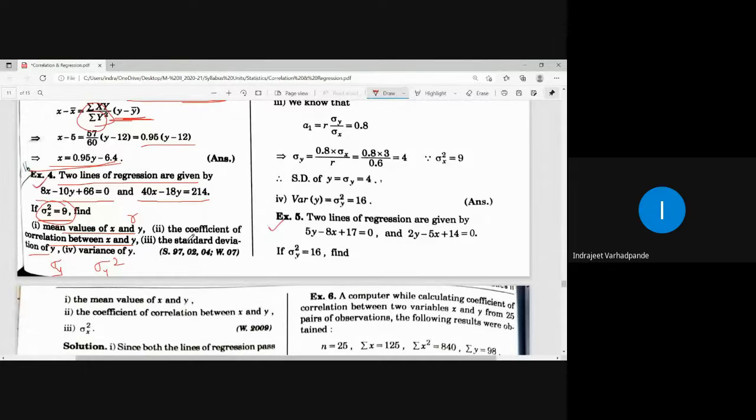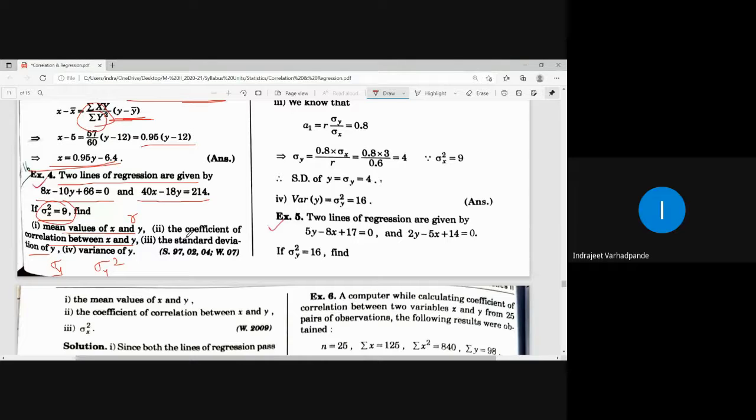Now, in this case, two lines of regression are given by 8x minus 10y plus 66 equal to 0, and 40x minus 18y is equal to 214. Now, we know that there are two different categories of lines of regression. One category is x on y, and the other category is y on x.